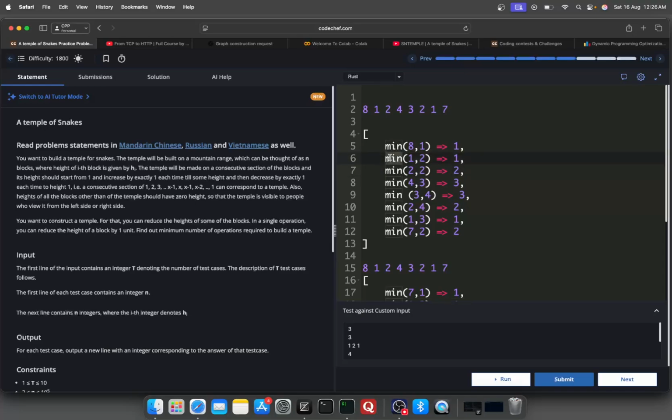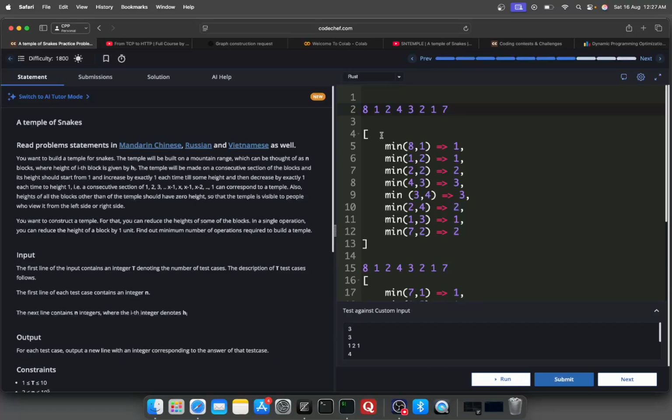That's why we choose 1. Let's suppose here is 2, then it's allowed to construct 2 here, because 2 is less than or equal to, that's why we allow.